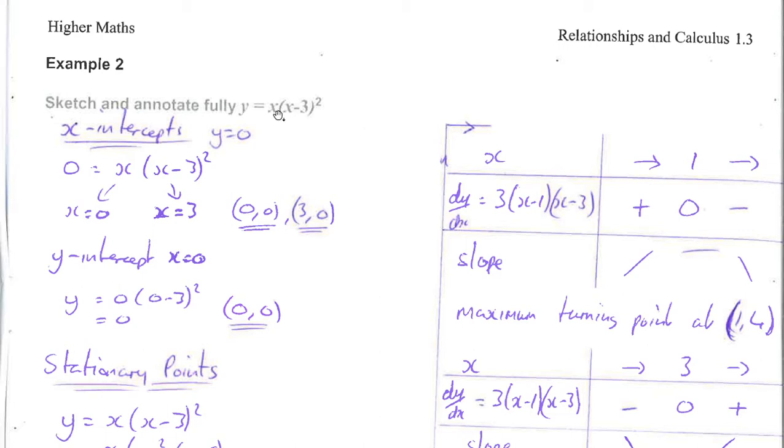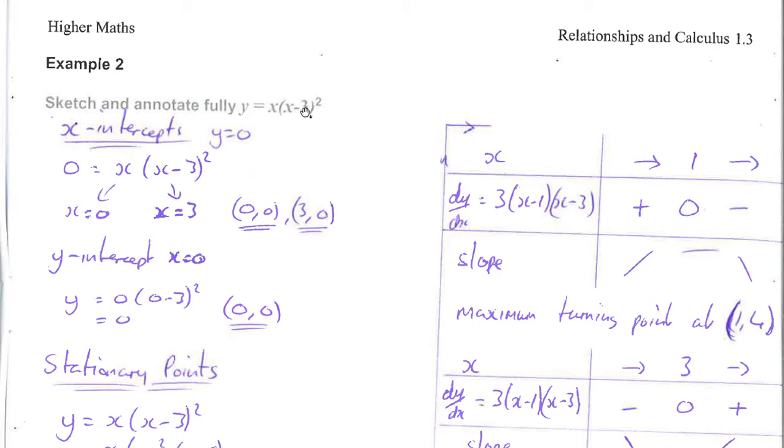So you'd end up with x multiplied by x squared minus 6x plus 9, which would be x cubed minus 6x squared plus 9x. Then you'd look at that and think, I'm trying to solve that equal to 0. So you'd start factorizing it, and after about 3 or 4 minutes you'll get back to what you started with and think, oh, I've just wasted 3 or 4 minutes there.